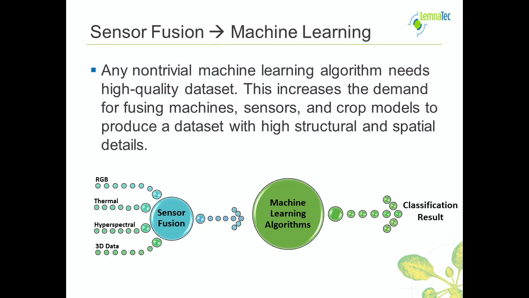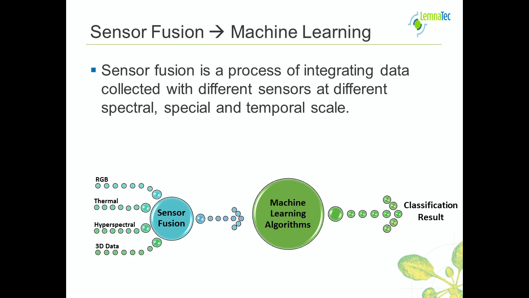The approach we are looking at is using sensor fusion to improve the classification result. Any non-trivial machine learning algorithm needs a high quality and good training data set. And this increases the demand to use different machines, different sensors with different temporal, spatial and spectral resolution.